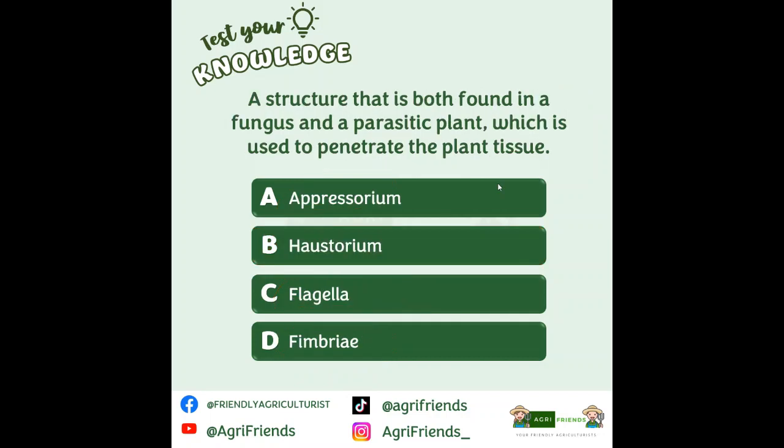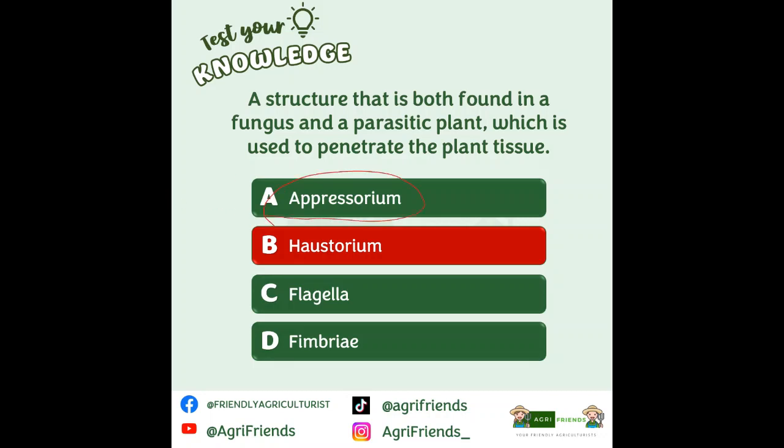Next, a structure that is both found in a fungus and a parasitic plant, which is used to penetrate the plant tissue. A. Appressorium, B. Hostorium, C. Flagella, D. Fimbriae. The answer is Hostorium.